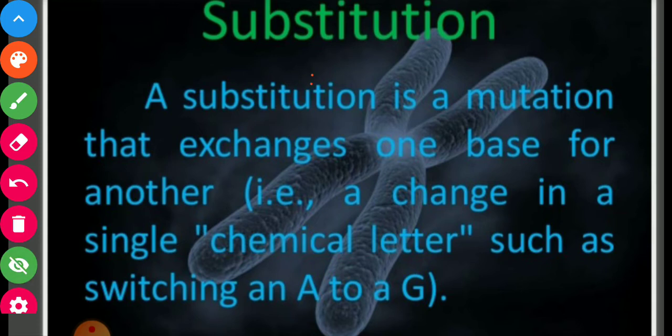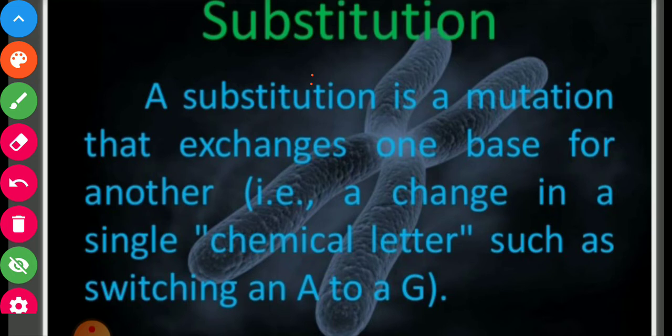Here, what is substitution mutation? What happens in substitution mutation? A substitution mutation is that in which one base pair of a gene changes. A substitution is a mutation that exchanges one base for another.